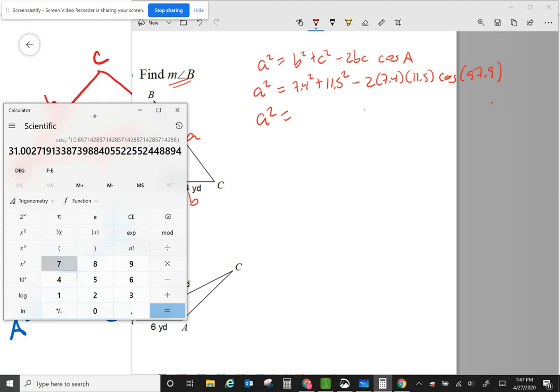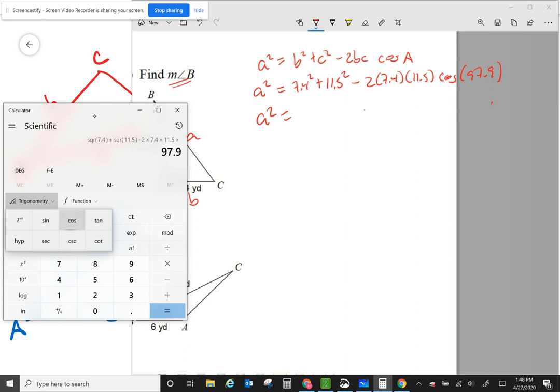I'm just going to go 7.4 squared plus 11.5 squared minus 2 times 7.4 times 11.5 times cosine of 97.9. In my case, remember I had to put in the number first and then cosine.